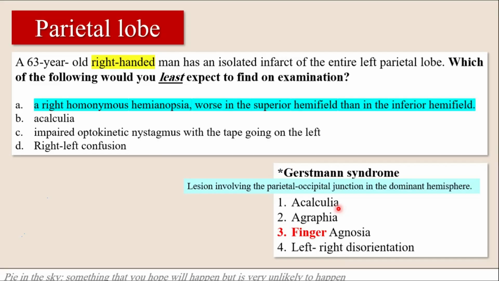You are in practice and you may see patients complaining of such things, so you have to study in depth. So what's the meaning of acalculia? Having an issue with calculation, simply. Agraphia, as the name implies, is difficulty with drawing or writing. Okay, finger agnosia.